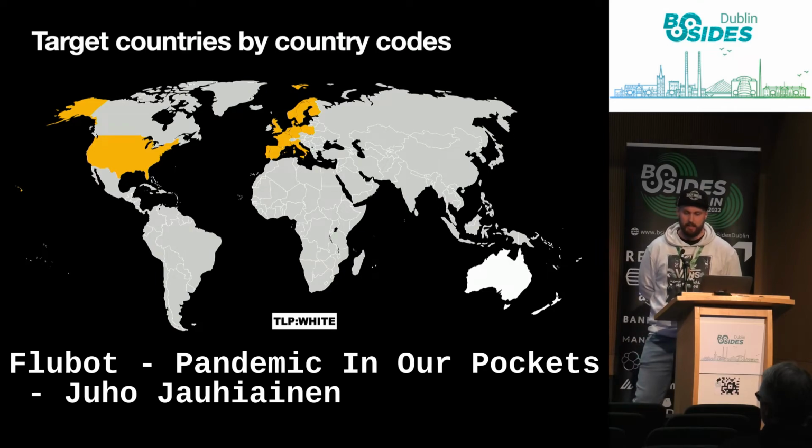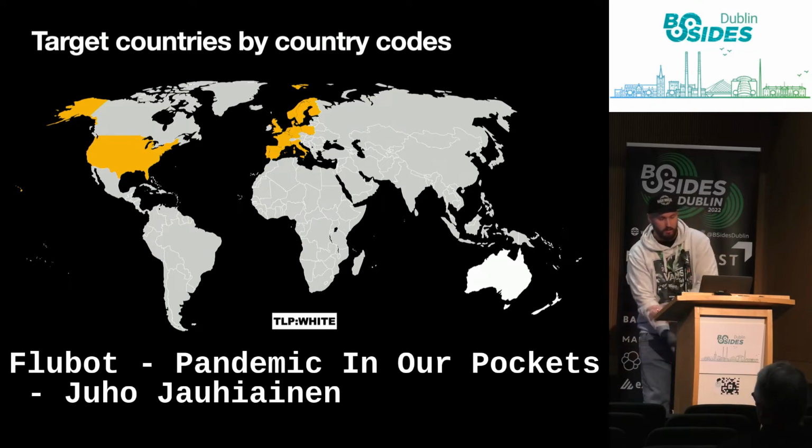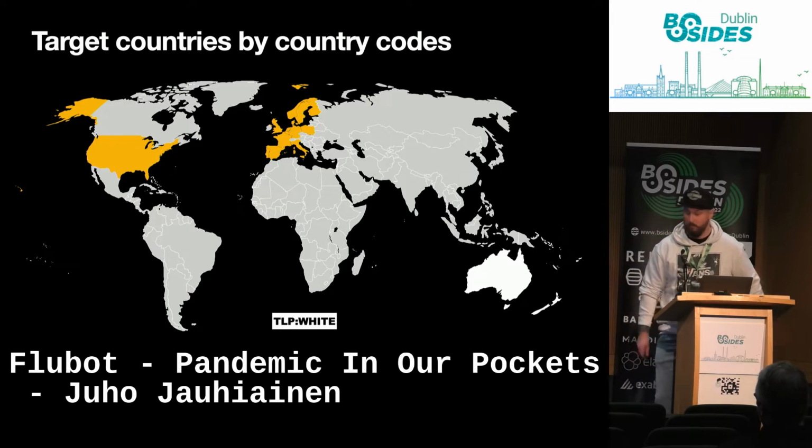So basically, these are the countries they are focusing on right now, and I think this is planned, that these countries are the targets, and that information is hard coded in the code, and they haven't changed that much. So probably we will see new Flubot campaigns in the future in these countries as well.